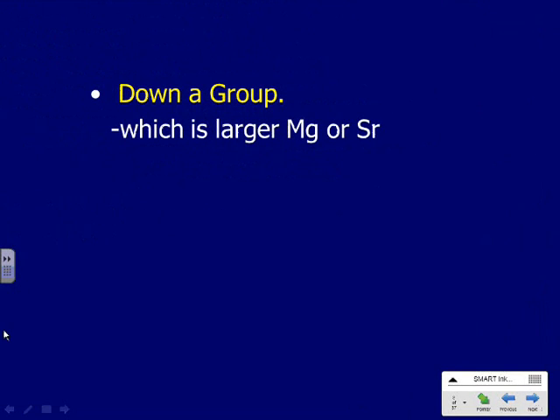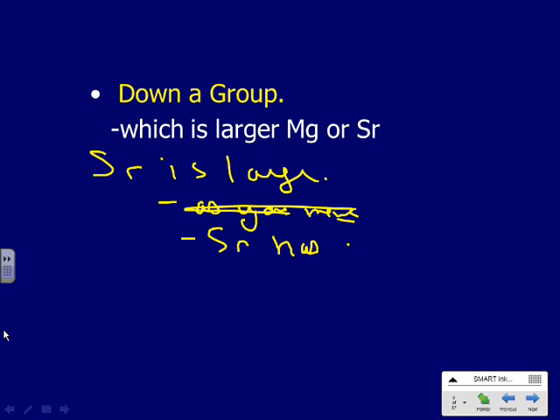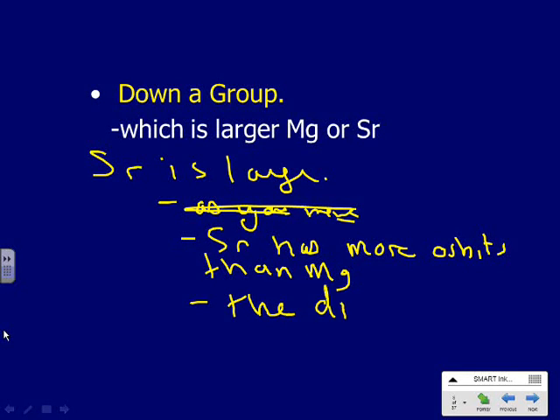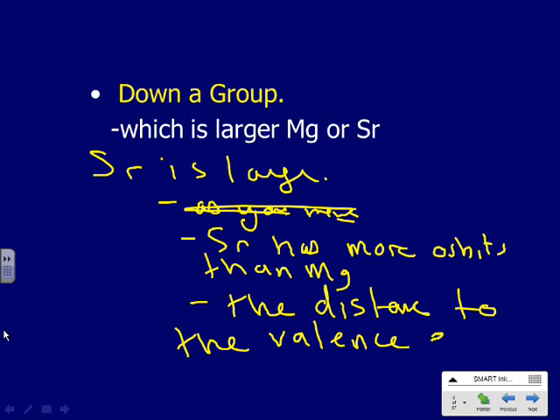So let's move on. Which one of these is larger, strontium or magnesium? Yep, strontium. Strontium is larger. Strontium has more orbits than magnesium. The distance to the valence electrons increases, and I'm totally scribbling and out of room.